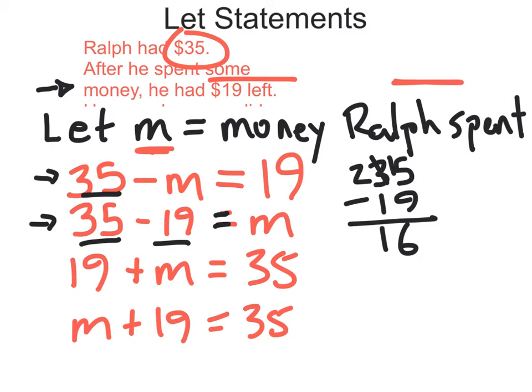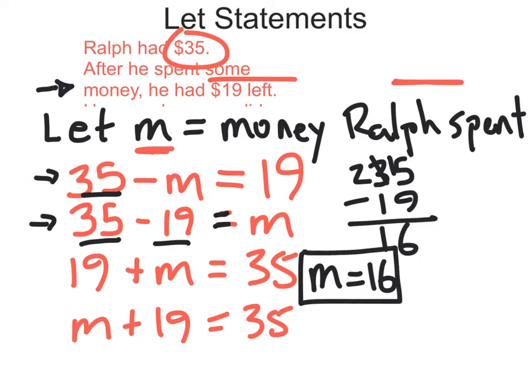And I get 16. So M equals 16. And that's my answer. And finally, the last thing I should do is write a sentence. Ralph spent $16.